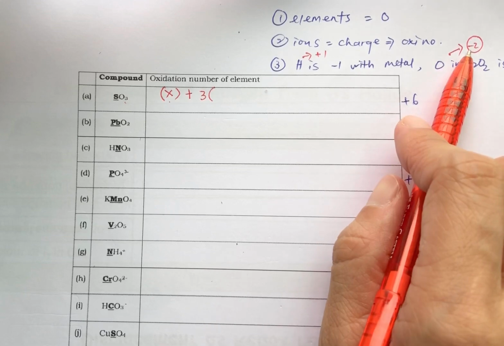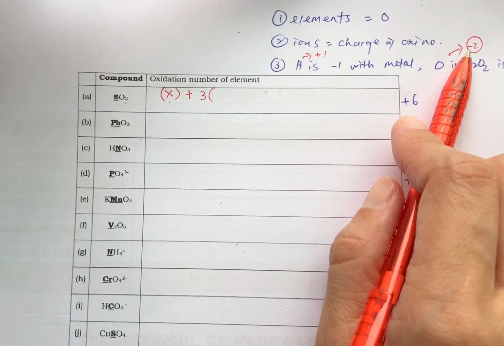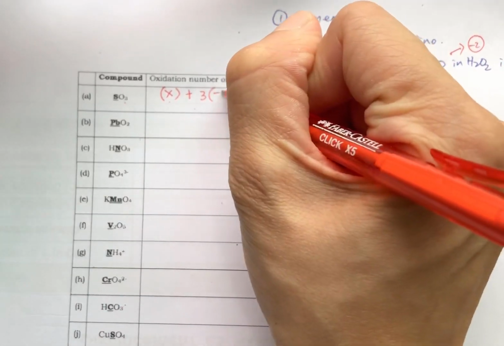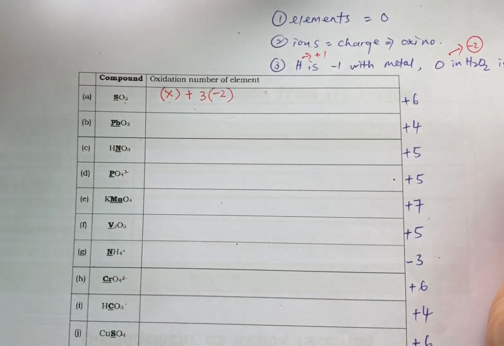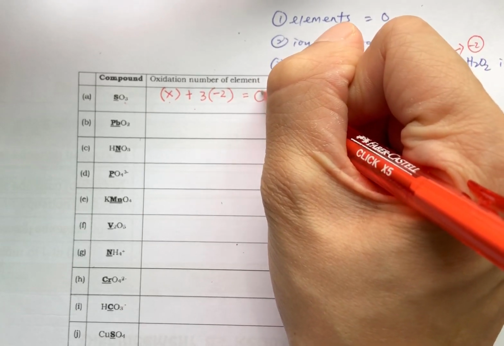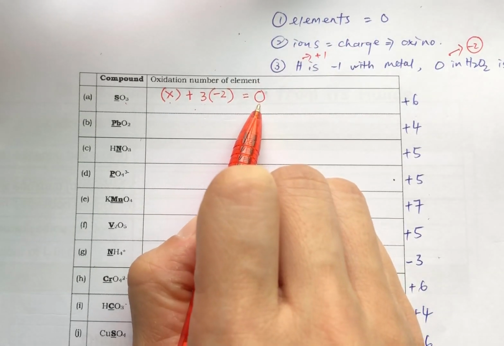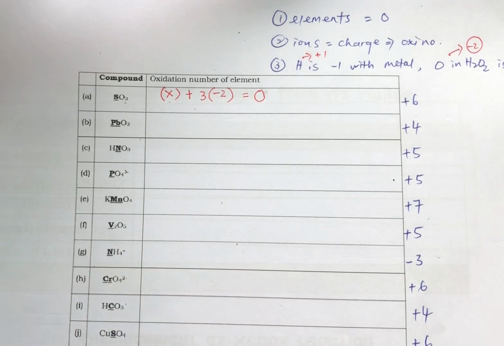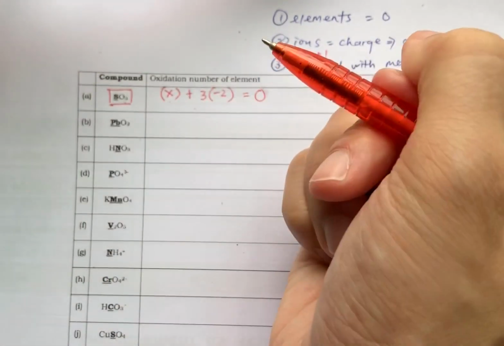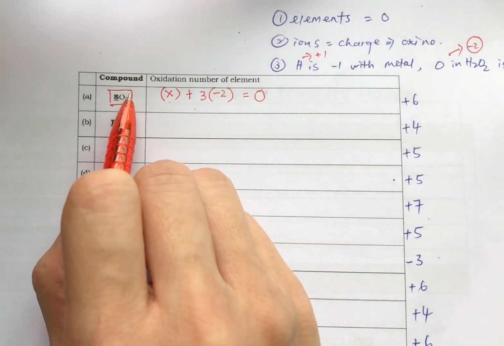What have you memorized just now? Oxygen in a compound is always -2. So I have 3 oxygen, which means I take 3 times -2, and then I equate to 0. Why do I equate to 0? Very simple, because after I write this formula SO3, there is nothing on top.